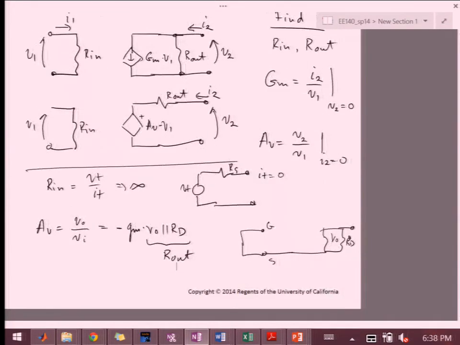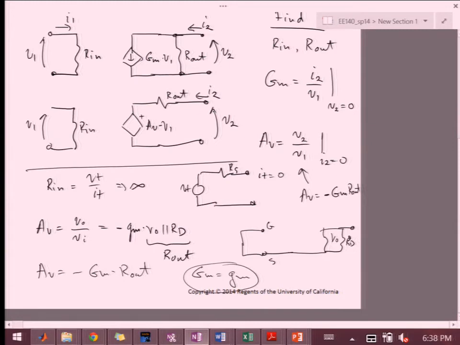And just by definition, if you look at the equivalence of this to that, my Av from here equals minus Gm Rout. So if I put these two right next to one another, then the capital Gm is going to be equal to small gm.